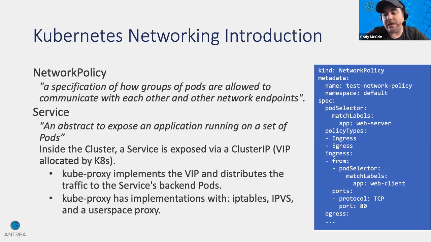The problem is that the original implementation within Kubernetes was all done in IP tables. One of the goals that we're looking to achieve with Project Antrea is actually to move that translation out of IP tables, which is not designed really for that type of load balancing and is quite frankly just not performant at all.